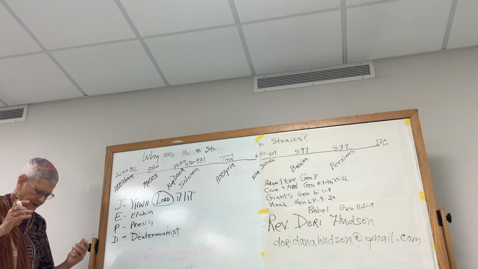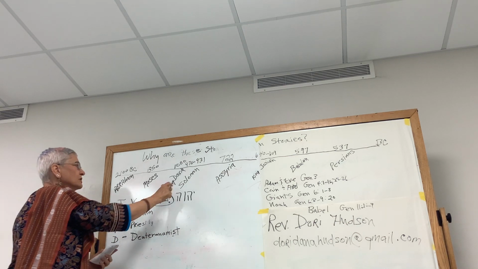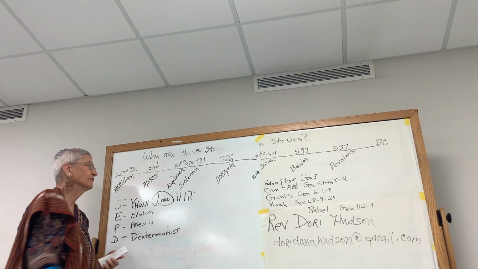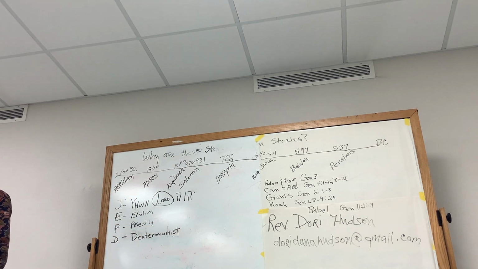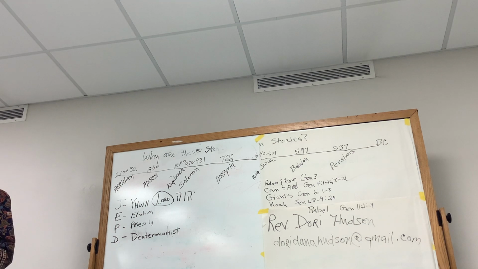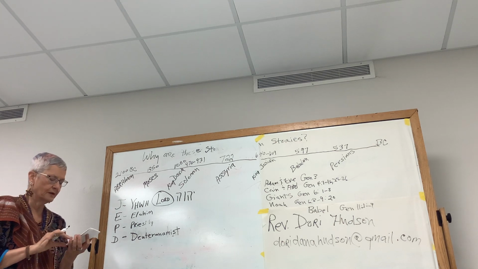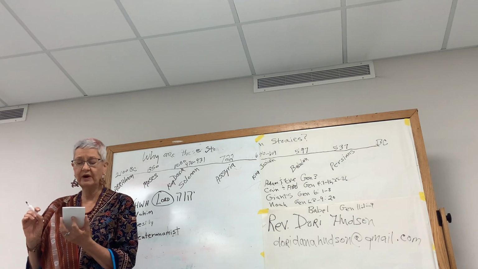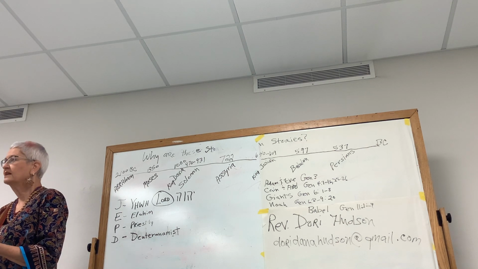The J source comes from the time of David and Solomon, where we know that they took the oral histories and wrote them down into script form. There are a number of things besides the use of Yahweh that the J source does.